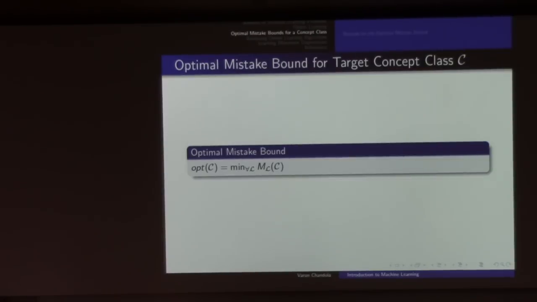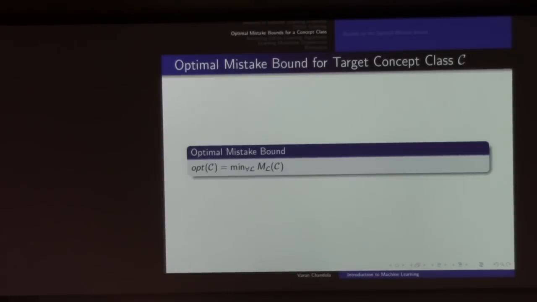Because if you have a concept class and you have figured out that this algorithm gives you the lowest worst case complexity, then you can say, okay, nobody else can do better than this on this concept class, right? Which means that you have now put a lower bound and say, you cannot do better than this, because out of all the possible algorithms, this is what it does, right?